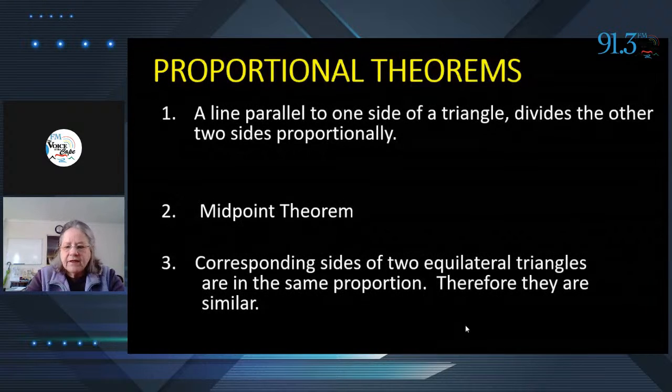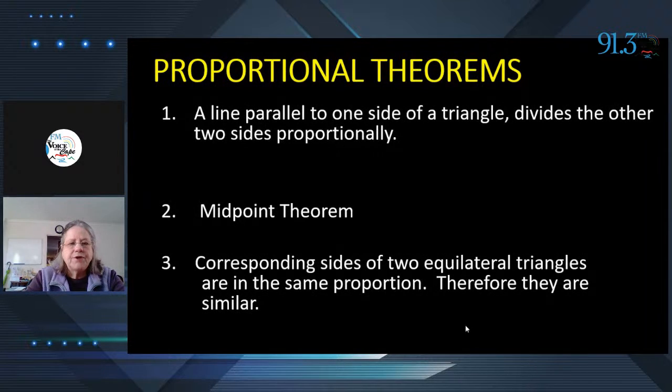So this is the English around it, and I'm going to put up the short version for Theorem 1. So if you use it, please remember to write that short bit, the line parallel to one side of a triangle. That is enough. And please write it, because that could get you at least 1 mark, because inevitably, if you have a problem of this nature, that would be one of the reasons that you would use.